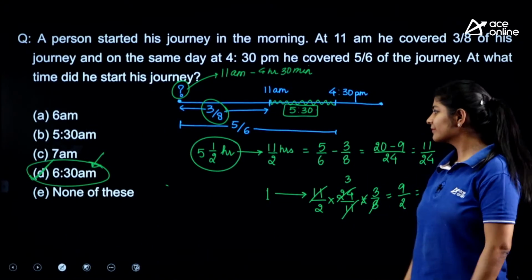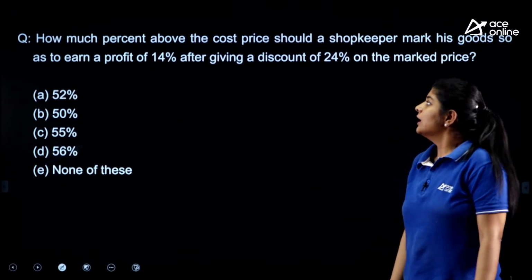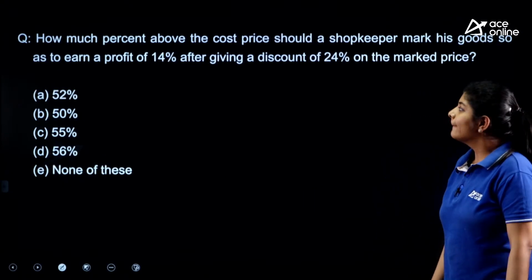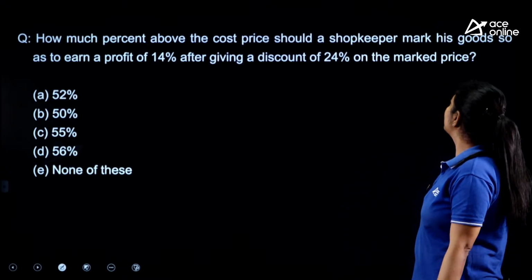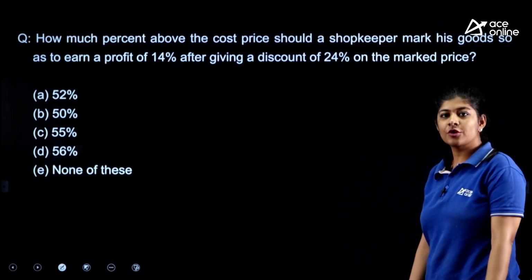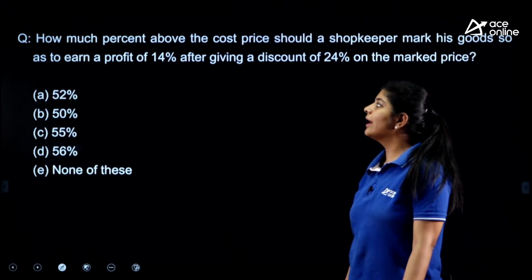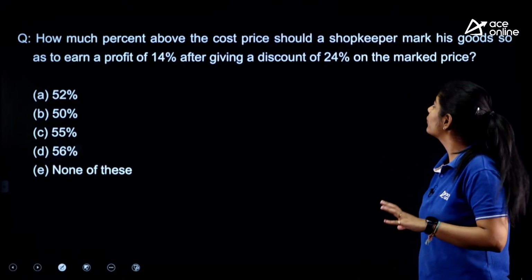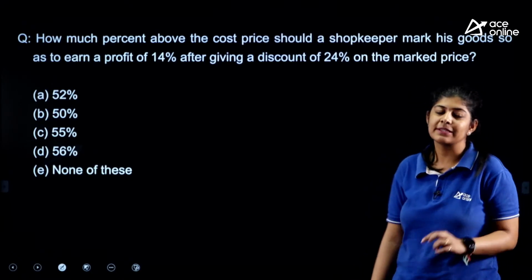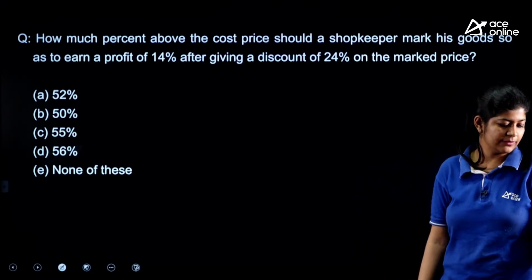Clear? Next. The next question says that by how much percent above the cost price should a shopkeeper mark his goods so as to earn a profit of 14% after giving a discount of 24% on the marked price. Again, this one is a very easy one.